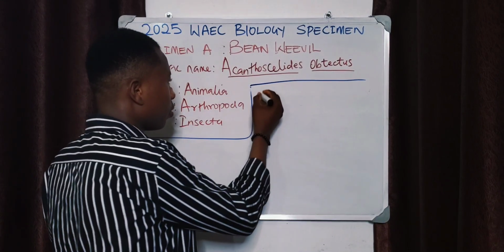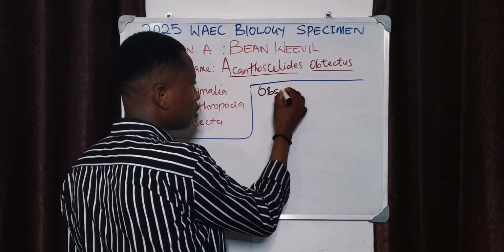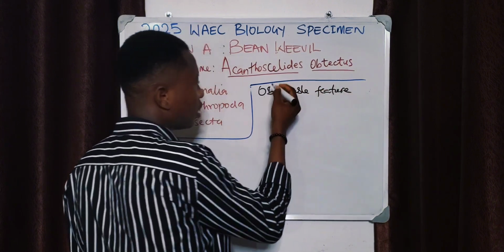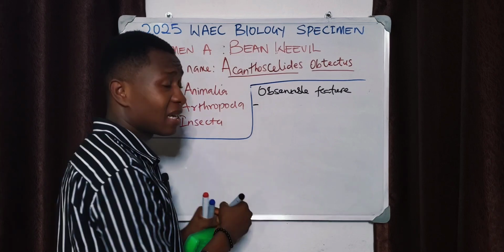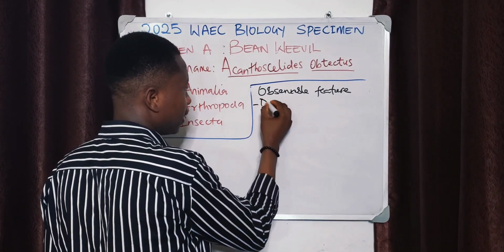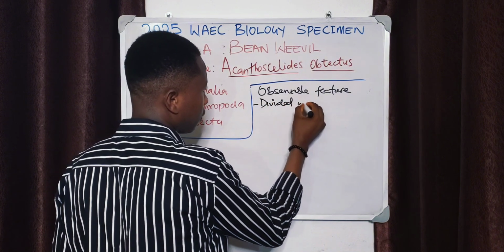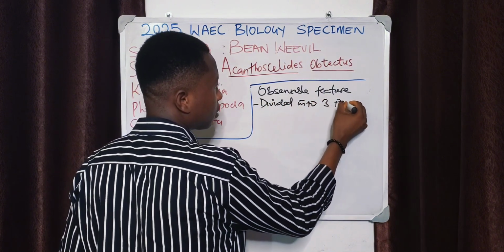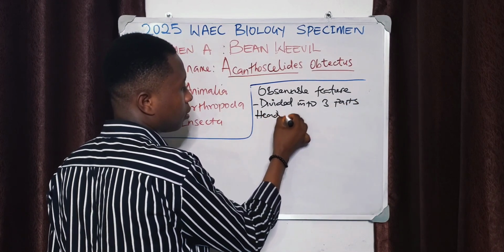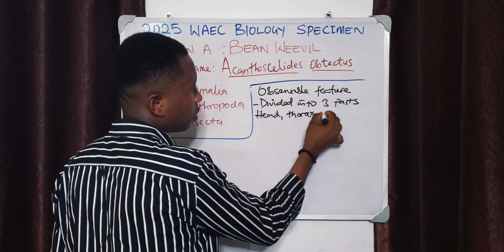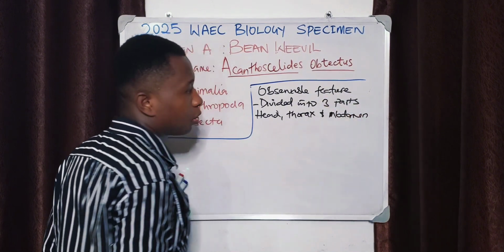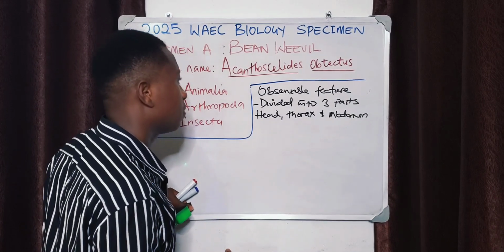If we are looking at observable features, the first one that should come to our mind is that since it's an insect, it is divided into three parts, which is the head, the thorax, and abdomen. The head, thorax, and abdomen. That's the first observable feature.